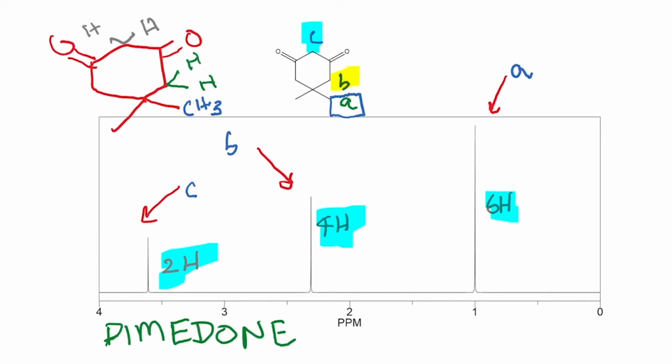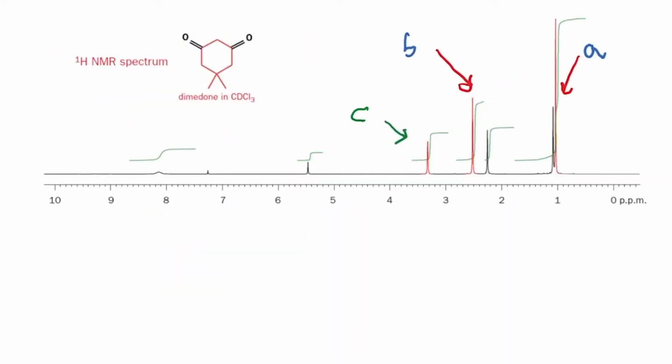But now when I actually record the proton NMR spectrum, I do see these three peaks, A, B, and C, as I have listed here, but we also see some additional peaks. These additional peaks are labeled in black. There's an extra peak here, here, here, and here.